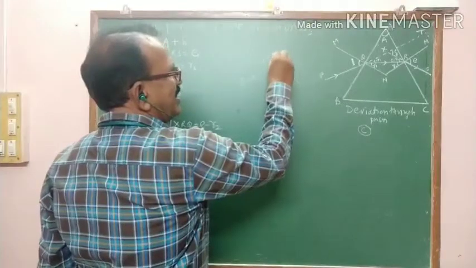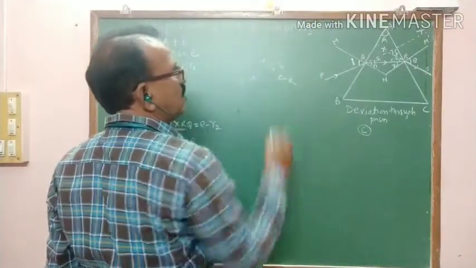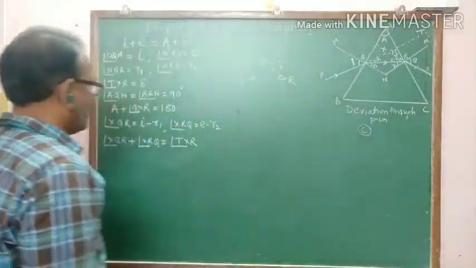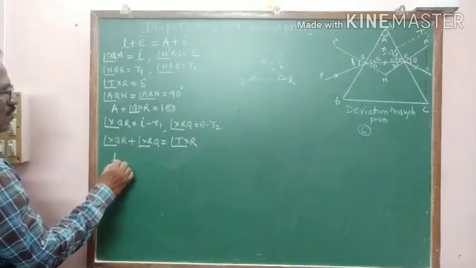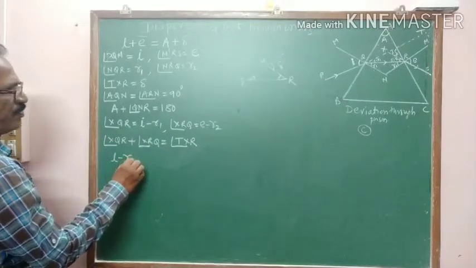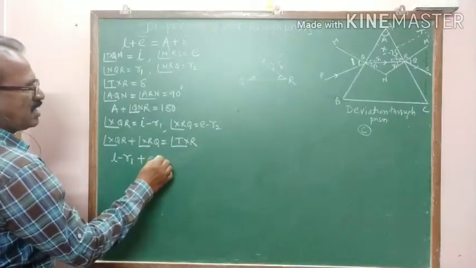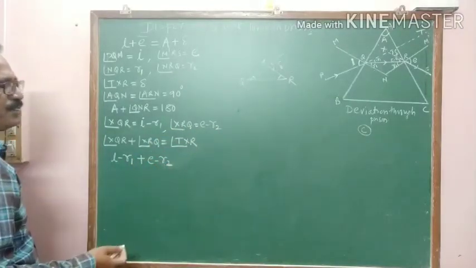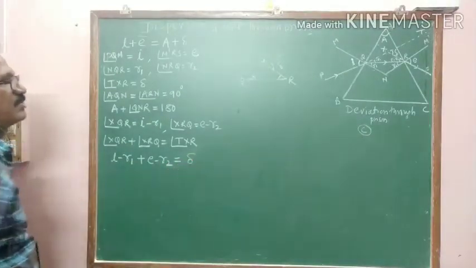This one is the exterior angle, and these are the interior angles. The sum of the interior angles is equal to the exterior angle. So from this, angle XQR, i minus r1, plus angle XRQ, e minus r2, is equal to TXR, delta.